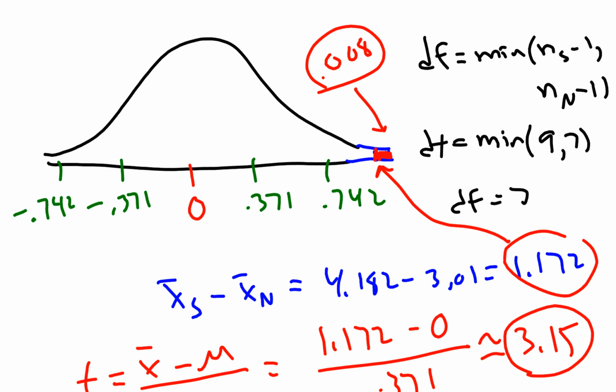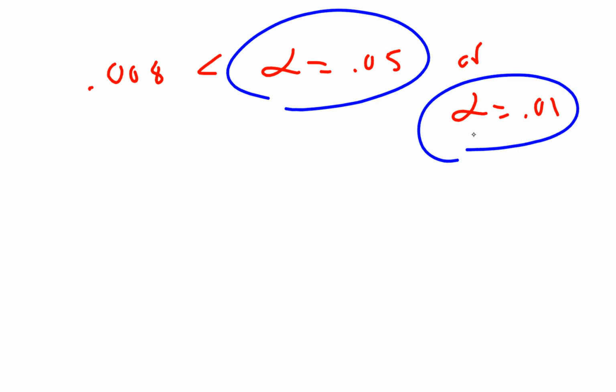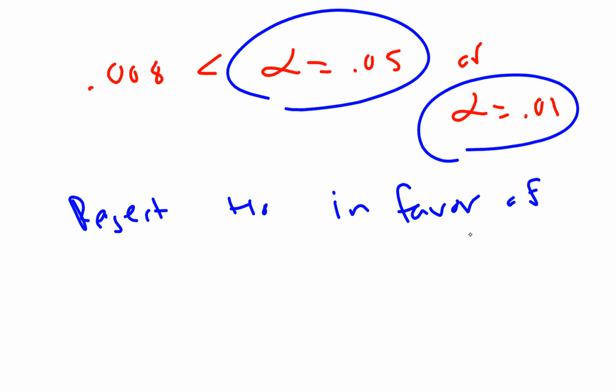Now that's an extremely small p-value. 0.008 is definitely less than alpha equals 0.05 or alpha equals 0.01. These are the two most common alpha levels that we use. So they're extremely small. So in this case, we would reject H0 in favor of HA.